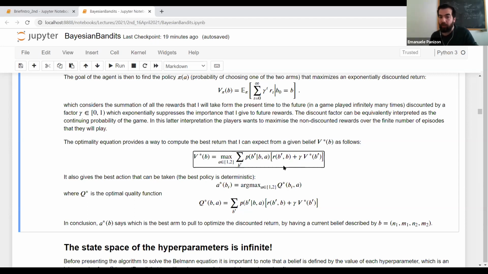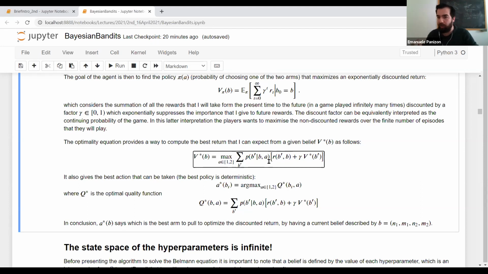Okay, so if I am in a state of belief, I can take action 1 or action 2. This action with some probability will give success or fail, so will give us some rewards, and they will move us accordingly to a belief which has either an N plus 1 if it was a success, or with some probability will move to an M plus 1 if it was a fail. And then I just check: I chose arm 1 and I have this expected reward.